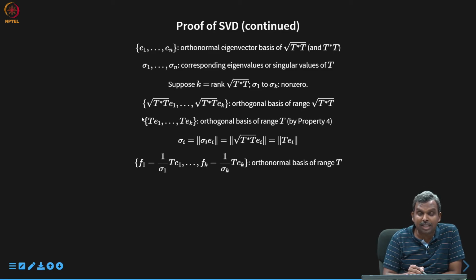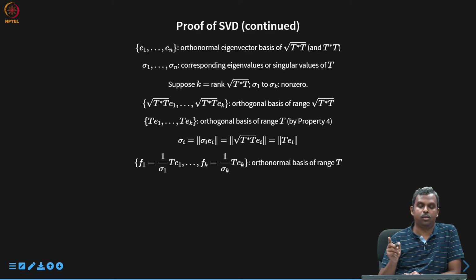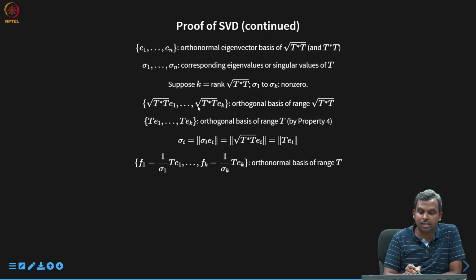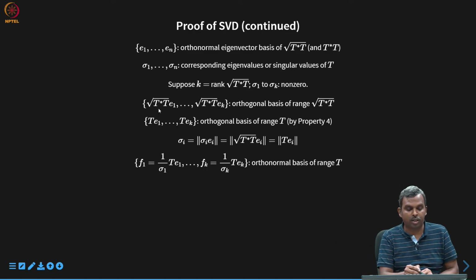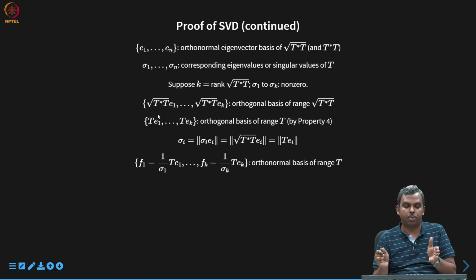So now I do this S map. Notice what I've done here. What will happen to Te1 through Tek? This will also become an orthonormal basis of range T. Why is that? This is by property 4: the inner products are preserved by S. So when you have this set being orthogonal in the range of square root T star T, the set Te1 to Tek will be orthogonal in range T, because this S map, going from square root T star T Ei to Tei, preserves norms and inner products.